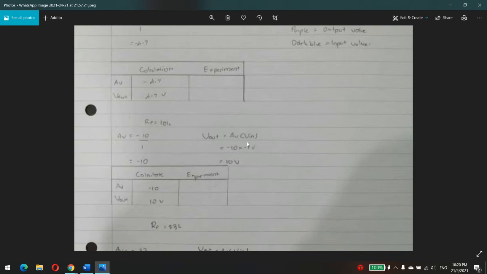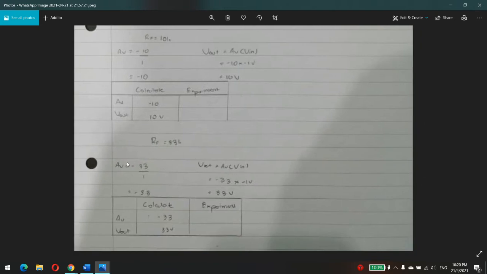As you can see, AV is negative 10 and V out is 10 volt. Now for 33k, same as the previous one, AV equals negative 33 divided by 1, and for V out, AV times V in, we got 33 volt, negative and positive.